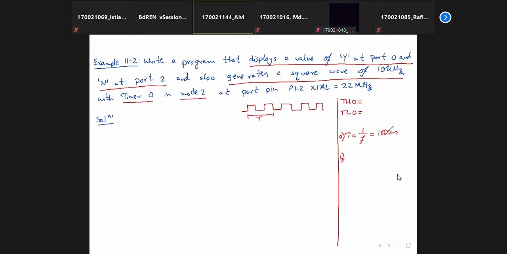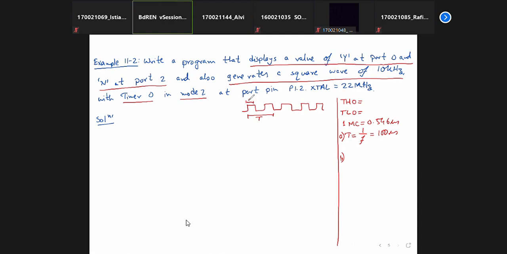So 12 by 22 megahertz, sir. That is for finding one machine cycle. Okay, assume it has already been calculated. That is 0.546 microseconds. Now I'm saying you have found out the time period. Then what is the next thing you need? So divide the time period by 2. Exactly, that is what I was looking for.